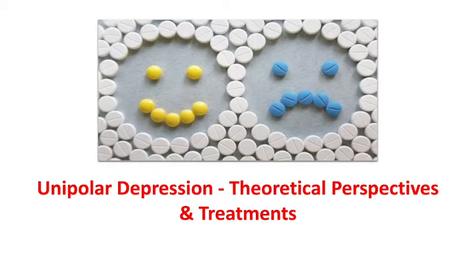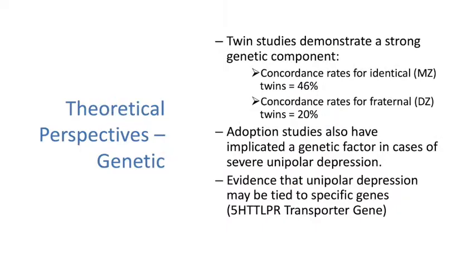Let's talk about some of the etiological models or theoretical perspectives, as well as treatments for unipolar depression and later on bipolar disorder. So much like depression, genes have been heavily implicated in the study of unipolar and bipolar depression.